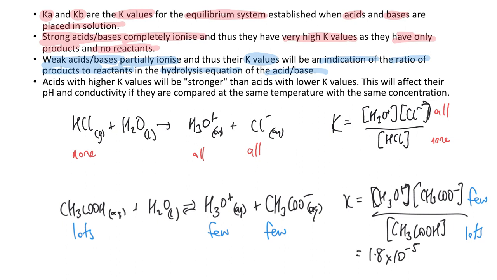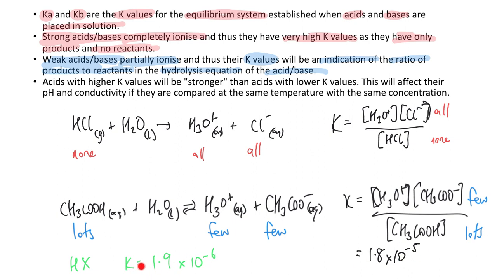If you had another acid, say HX, and its K value was 1.9 times 10 to the negative 6, we would compare these two values and be able to say that the higher K value is a stronger acid than the lower K value. Which one is the higher value? Just because it's 1.9 doesn't mean it's the higher value. You've got to take into account that this is 10 to the negative 6, which is much smaller than that.